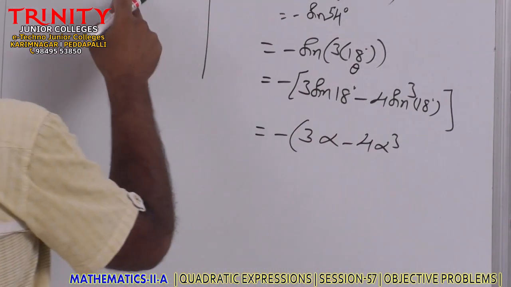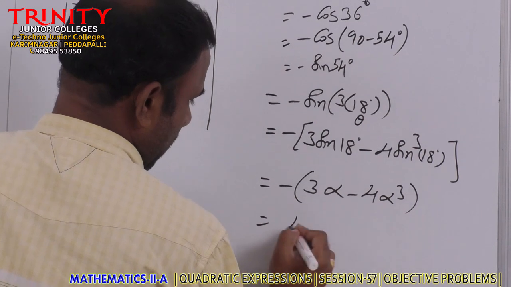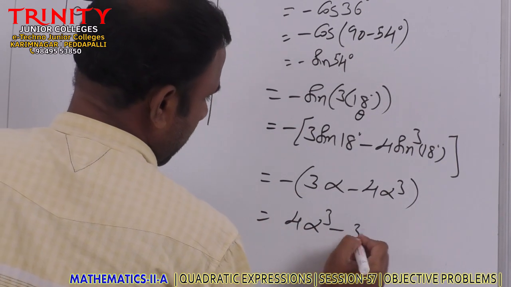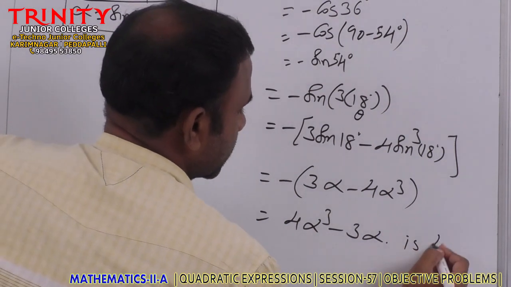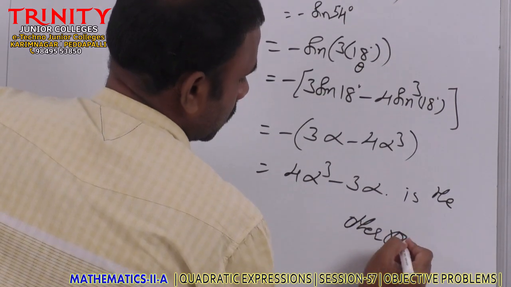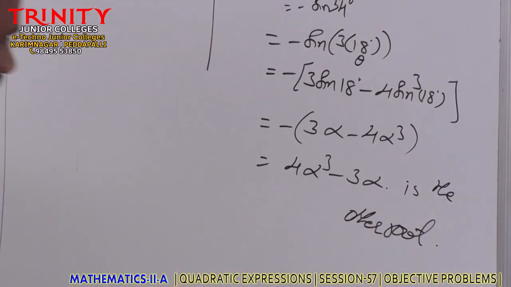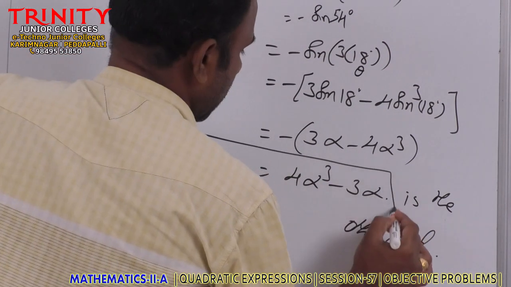Why? Because sine 18 degrees is equal to alpha. If you open the bracket, it becomes 4 alpha cube minus 3 alpha. This is the other root in terms of alpha. That beta also we have expressed in terms of alpha.